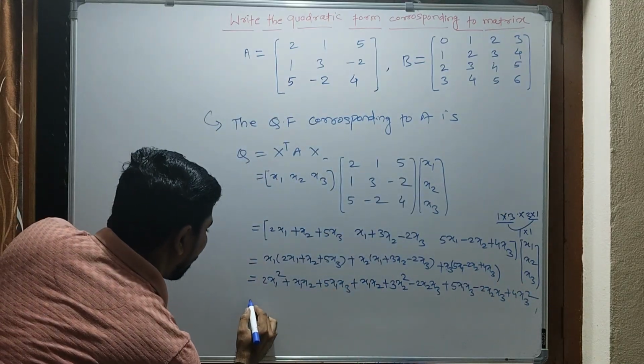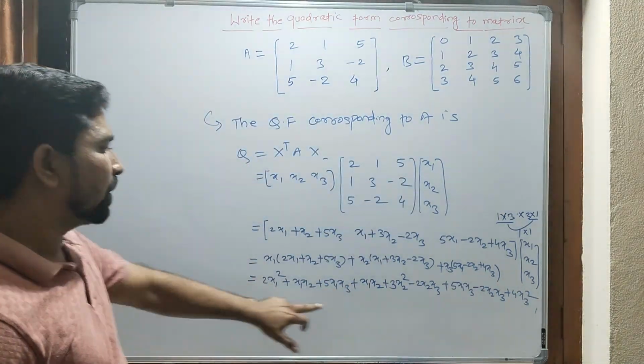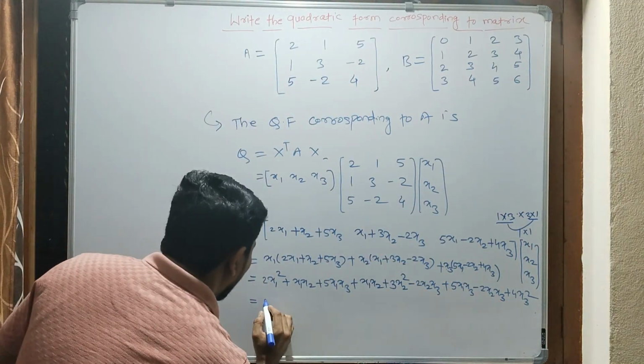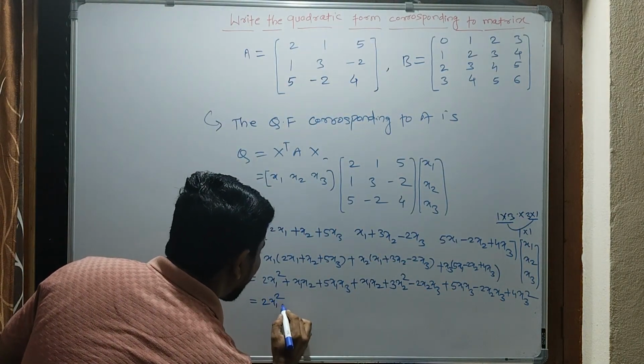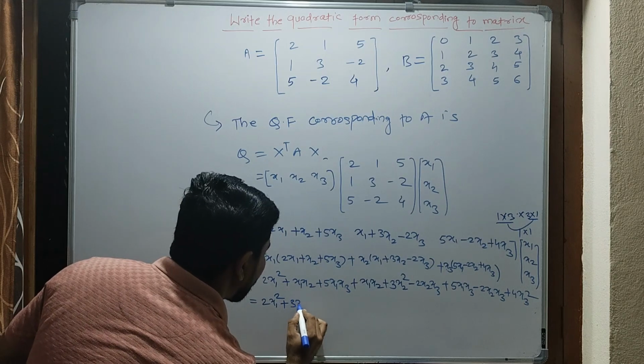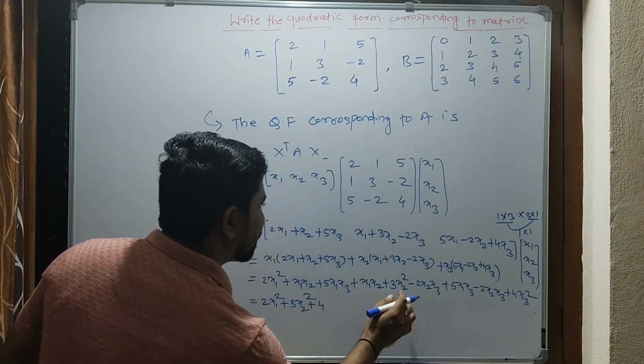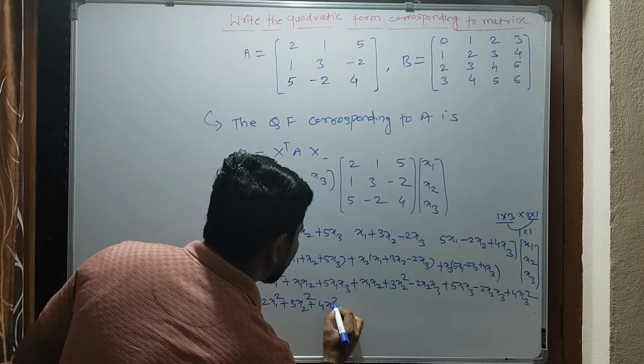First write the x1 square, x2 square and x3 square coefficients: 2 times x1 square plus 3 times x2 square plus 4 times x3 square.